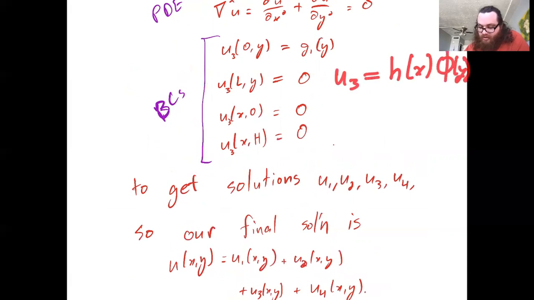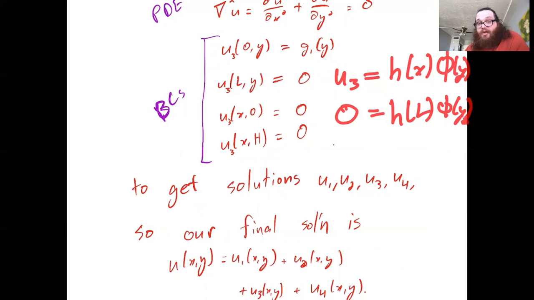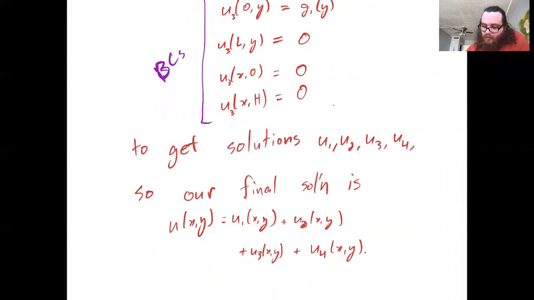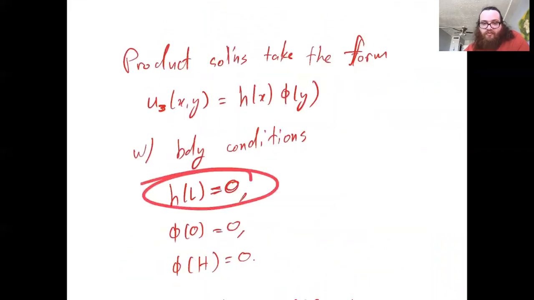And what we're doing is plugging in x equals L. So this is h of L phi of y. Okay. And so similar reasoning, as we've done plenty of times, says, well, if this is 0, then phi of y cannot be 0 for all y, because then it's a trivial solution. So that forces h of L to be 0. Okay. So that's where this comes from.